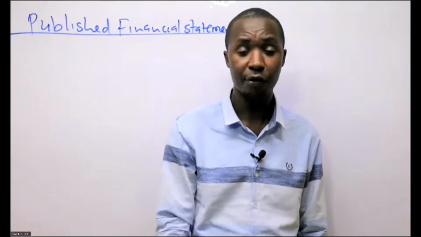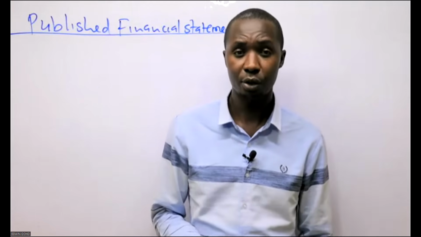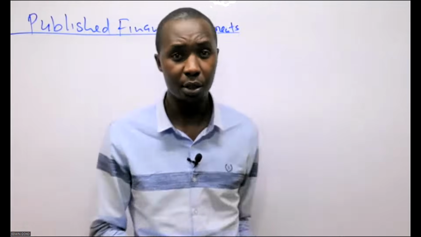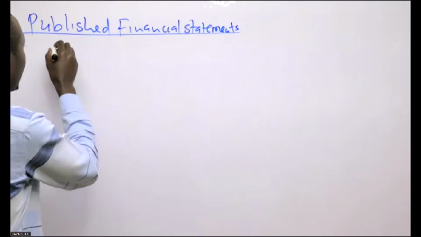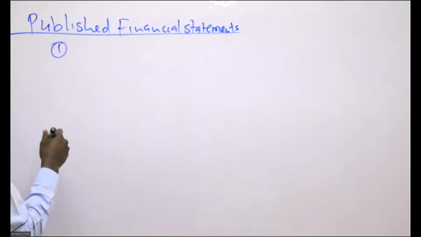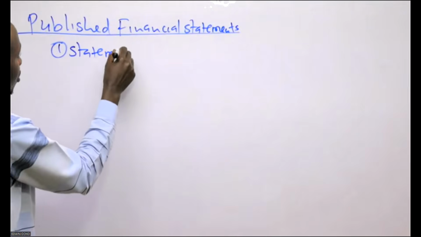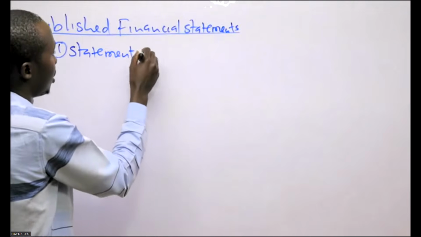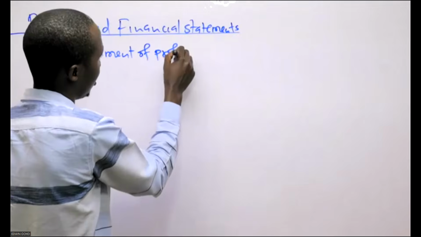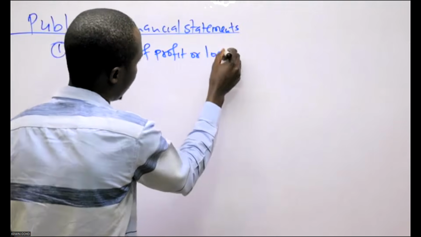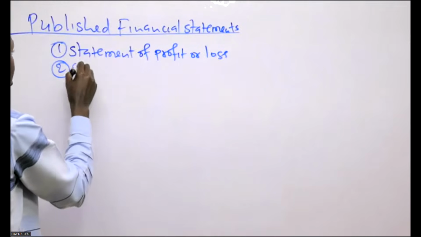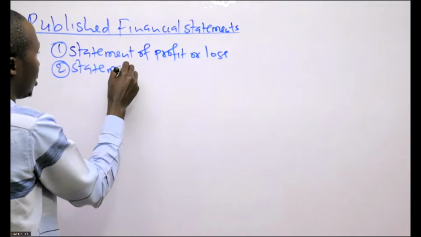So I've said there are statements meant for publication purposes. So which statements are these? The first one I will be looking at for now is the statement of profit or loss. And we go ahead to look at the statement of changes in equity.